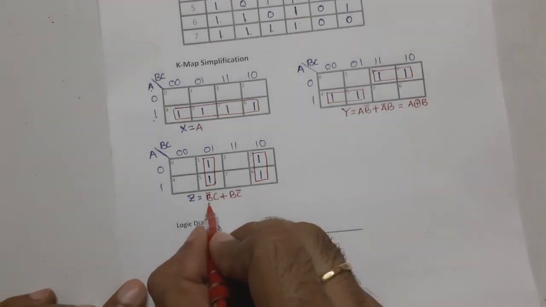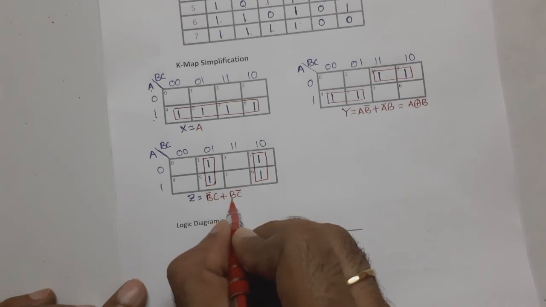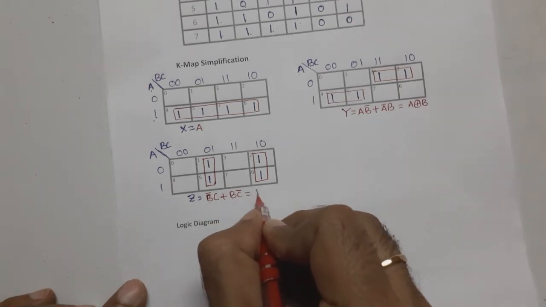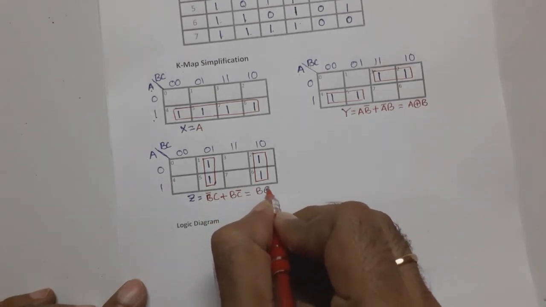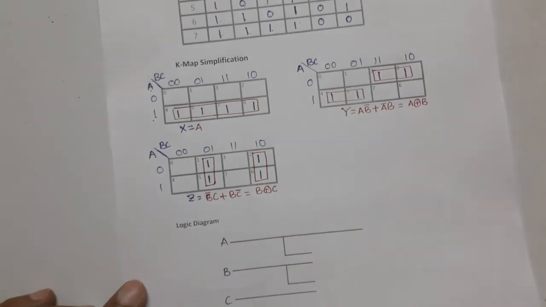B complement C plus B C complement, which is nothing but B XOR C.